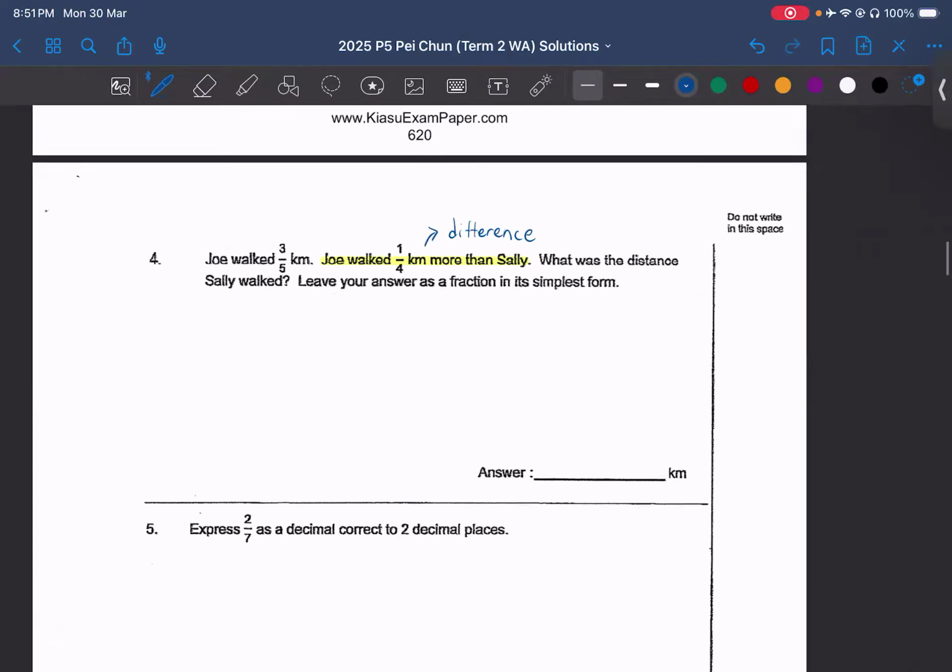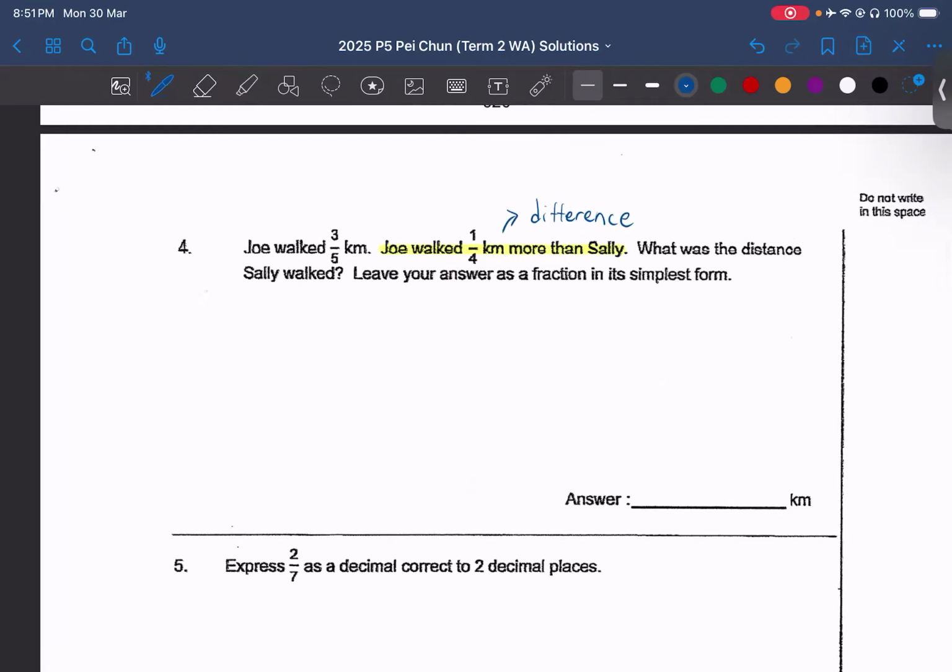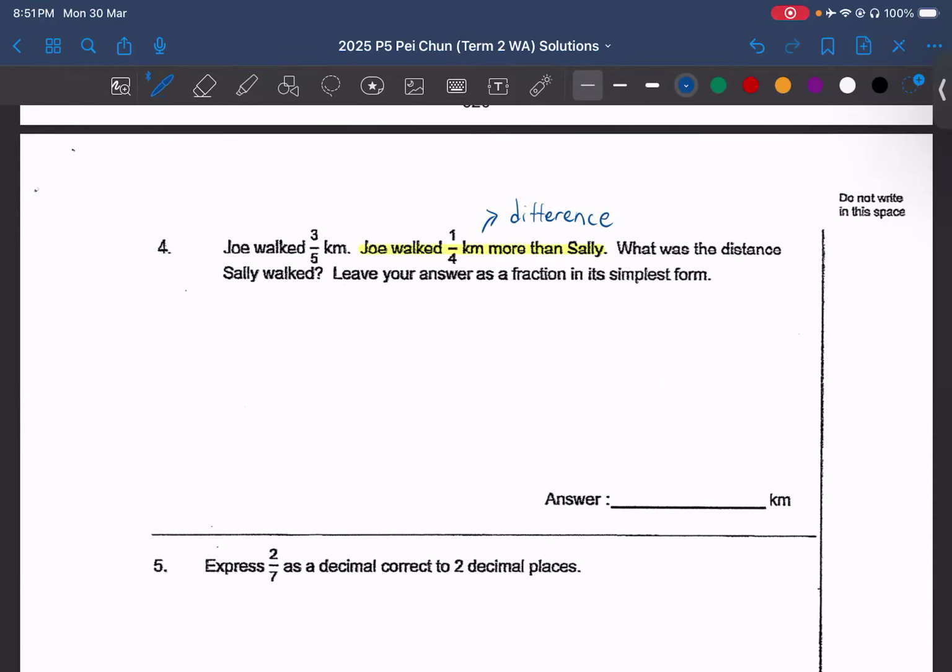We know Joe walked 3/5 kilometers, and we want to find what Sally walked. So to find how far Sally walked will be just 3/5 minus 1/4. Okay, because Joe is more than Sally. So Joe minus the difference to give me Sally.